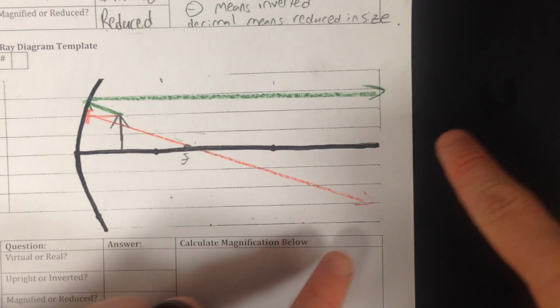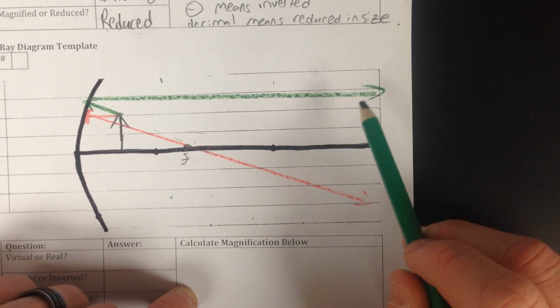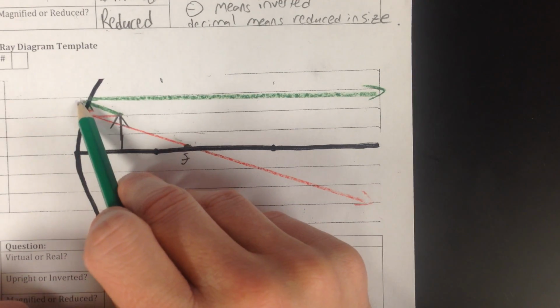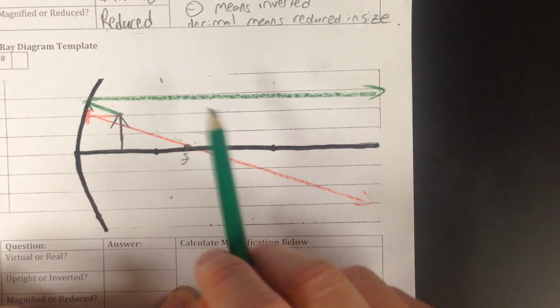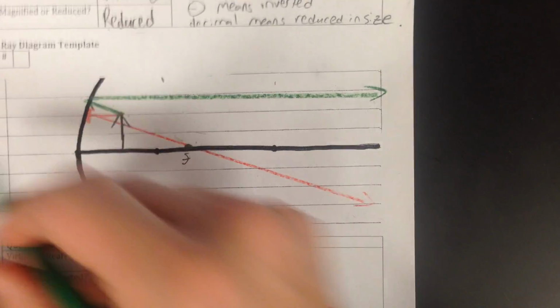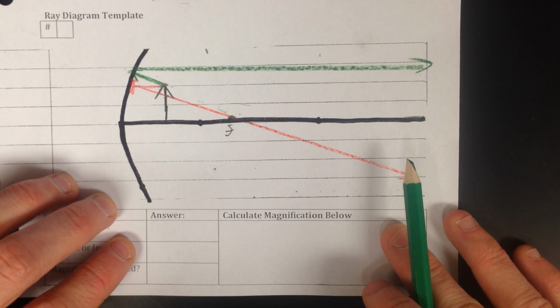But these rays are diverging. They're never going to intersect or hit each other because they're going away from each other. However, if you trace the reflected rays back to the left side of the mirror, they will intersect on the left side.